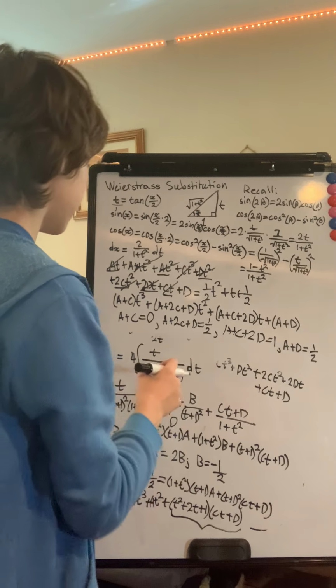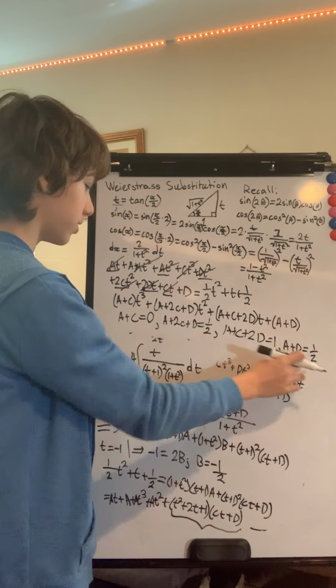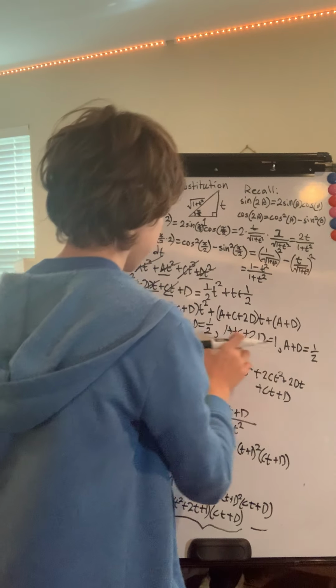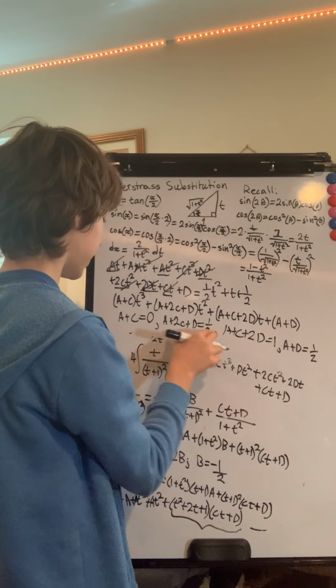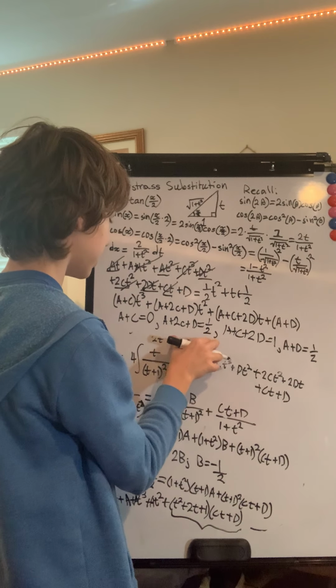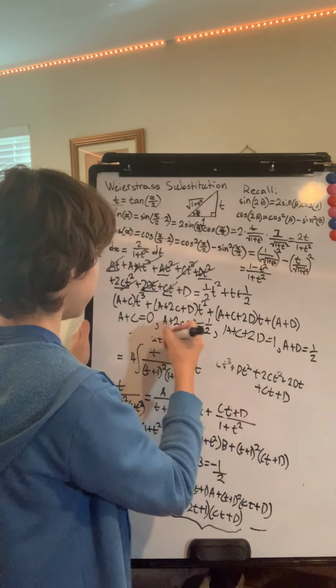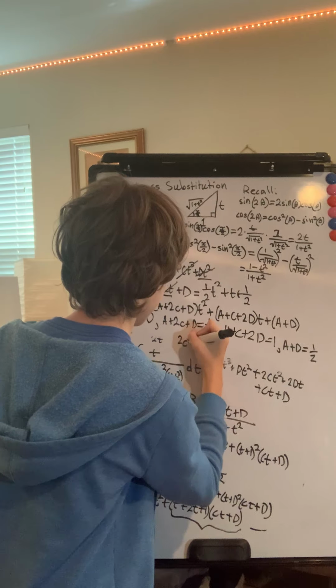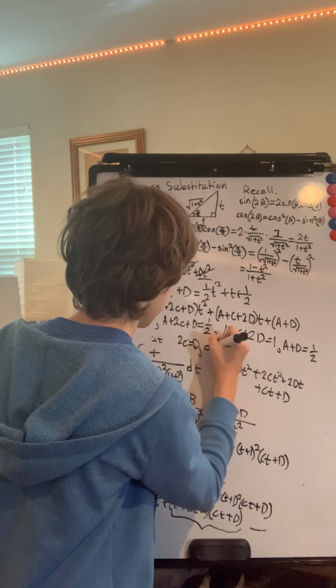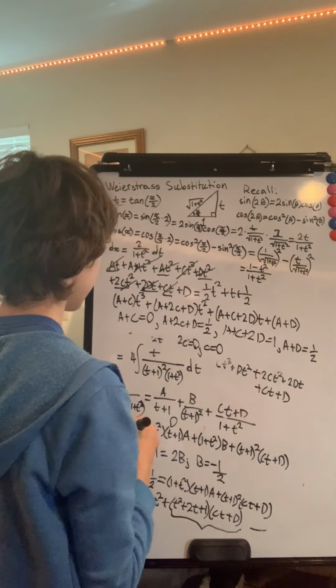So we can directly eliminate a portion of these two equations. So we can subtract a plus d equals 1/2 from a plus 2c plus d equals 1/2, and we can cancel the a and d. So we're left with 2c equals 0, thus c equals 0. Okay.